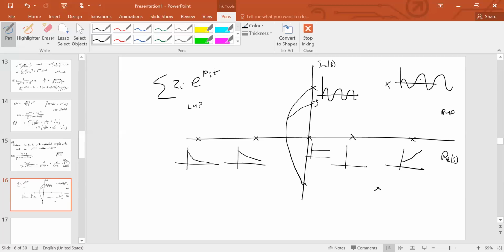The envelope of this is basically blowing up. Similarly, if you have roots here on the LHP, where the real part of the pole is negative, then it will look like a decaying trigonometric function, a decaying sinusoid sort of a response.